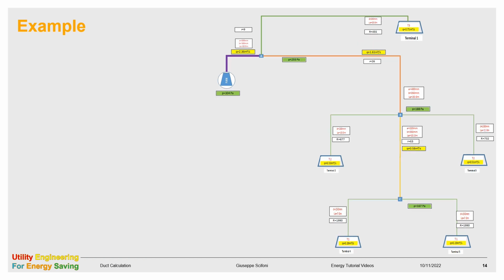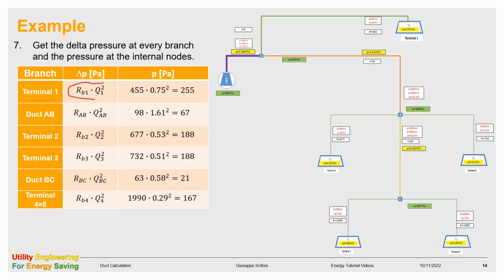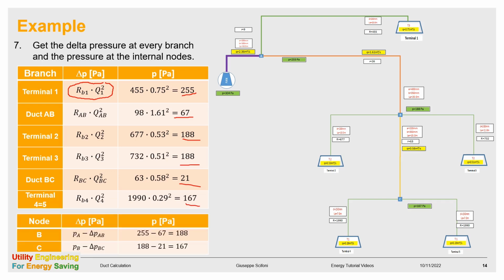Now we can get the delta pressure at every branch thanks to the flow rate calculated in the previous slide. The delta pressure is given by the same formula applied for the different branches, and from the delta P we can also calculate the pressure at the internal nodes.